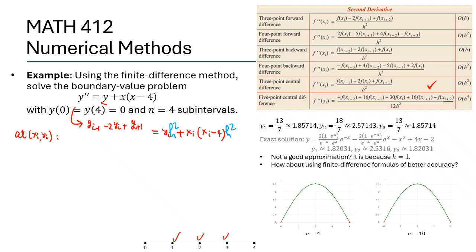Now y sub i minus 1, y sub i, y sub i plus 1 are unknowns, and we'll put all unknown terms on the left hand side, so combine like terms.